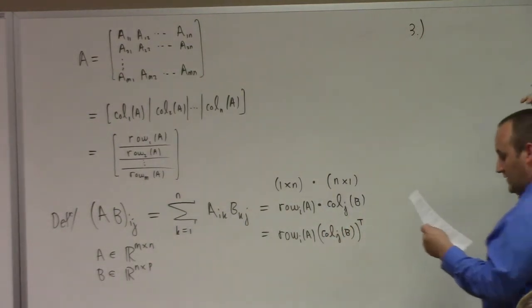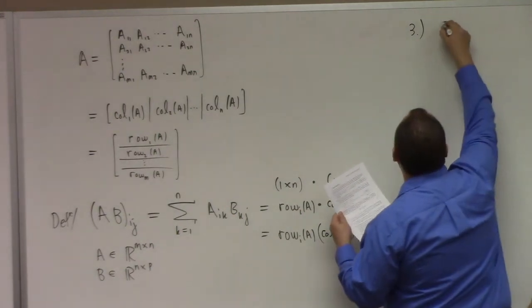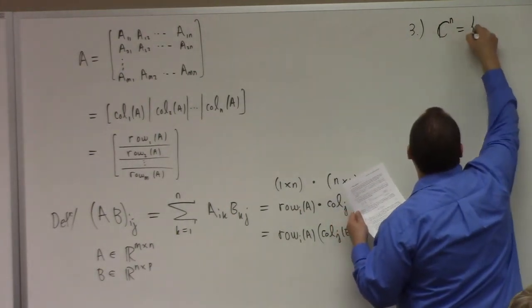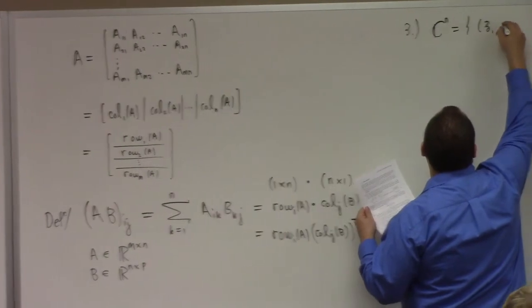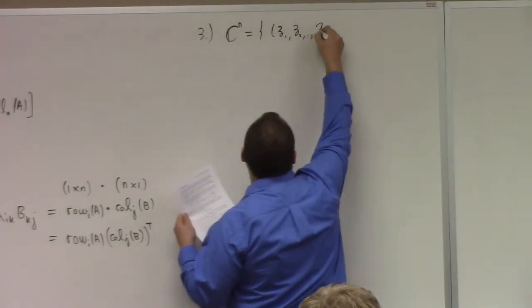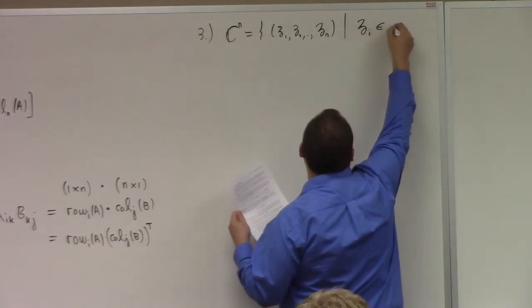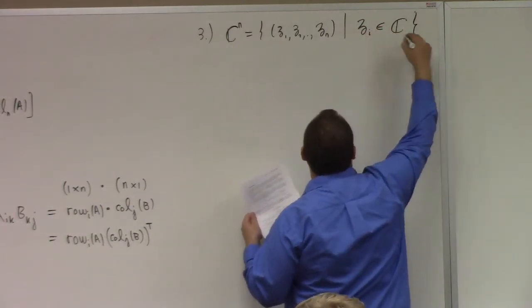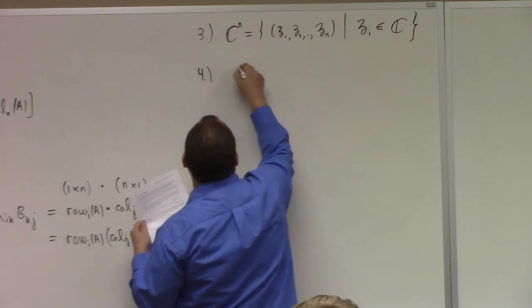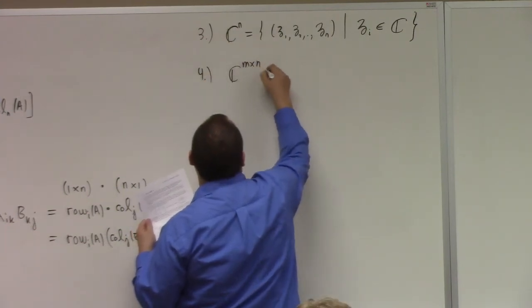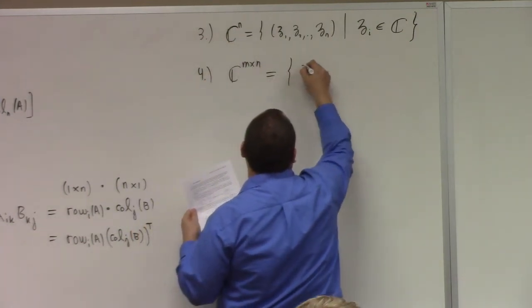Great. C^n. C^n is the set, as you might expect, of n-tuples of complex numbers. All right? And guess what else? Yep. We can talk about m by n complex matrices.